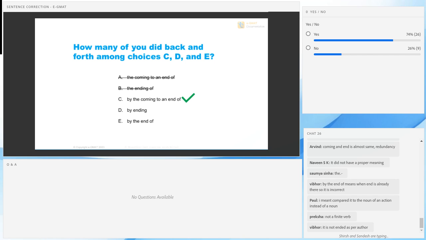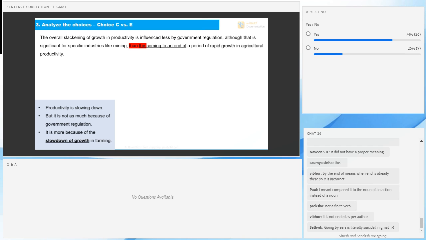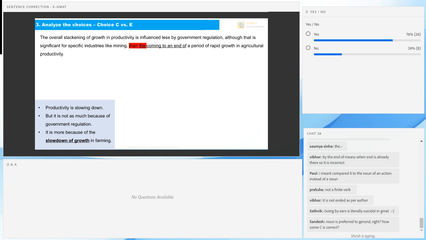And the reason for that is meaning. Choice C means that, as our original sentence says, the reason is slowdown of growth, which is what we understand from "coming to an end," right? It's slowdown. That is what choice C means, and that's what the original choice means, which is what choice C is communicating.